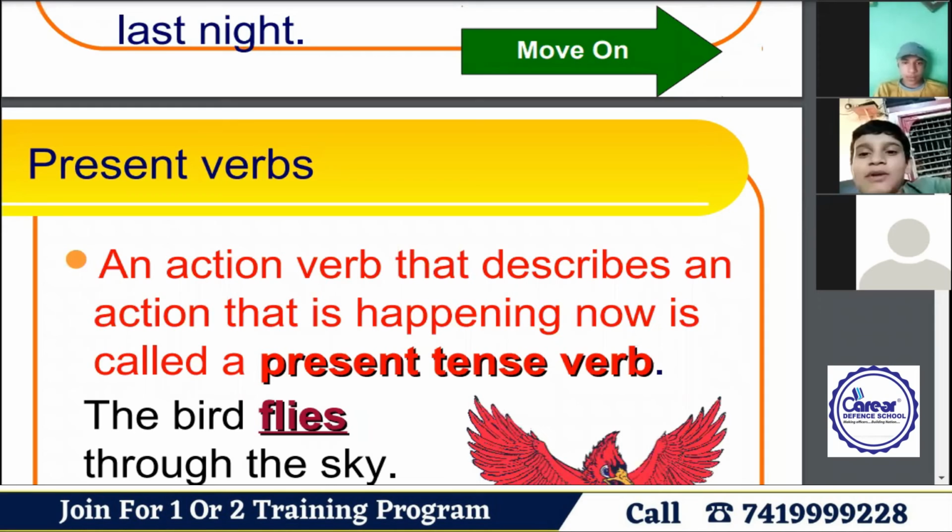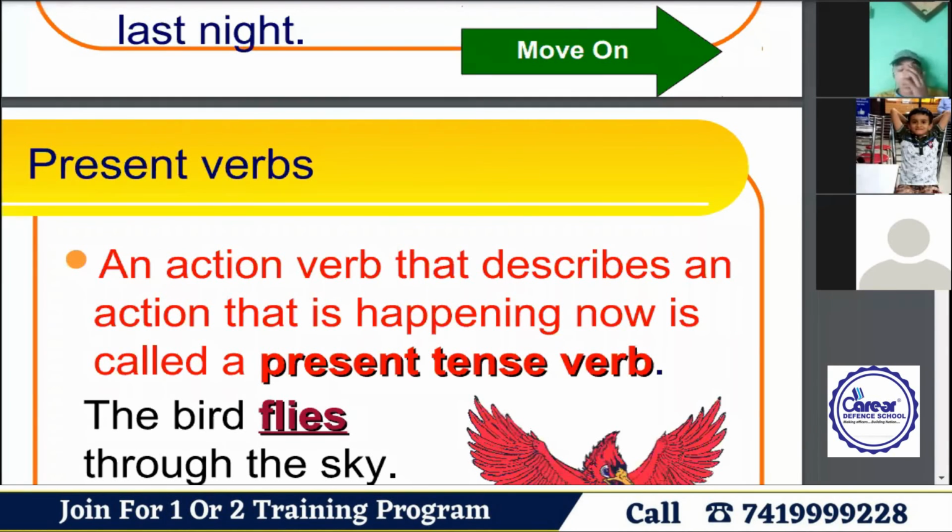So verb could be an action verb. It may tell us physical state. It may tell us mental state. If we use our body, if we do work physically, that is an action verb. It tells us about physical action.